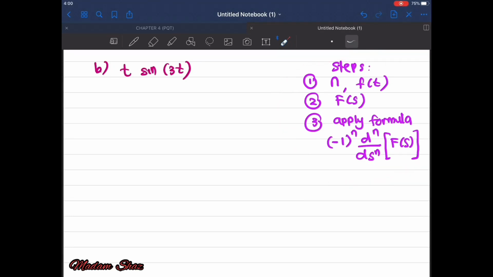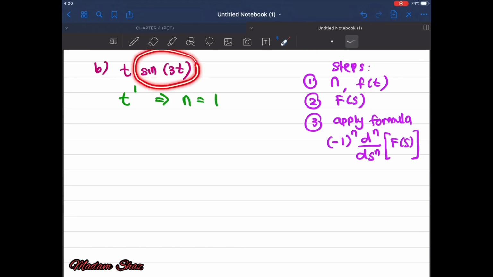The first step, you have to determine the n from t to the power of n, and then determine your new f(t), which is any other function except the t to the power of n. From this function t multiplied with sine 3t, we have t to the power of 1, so our n is equal to 1.